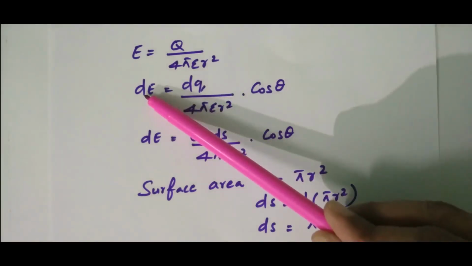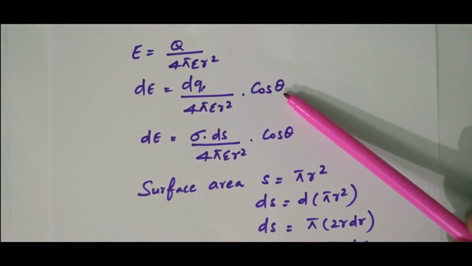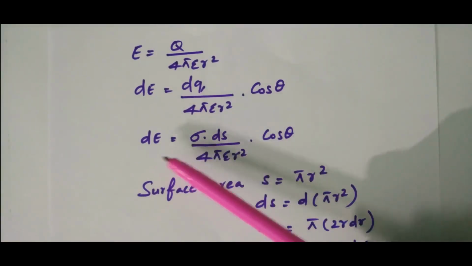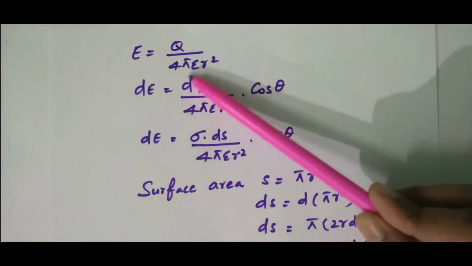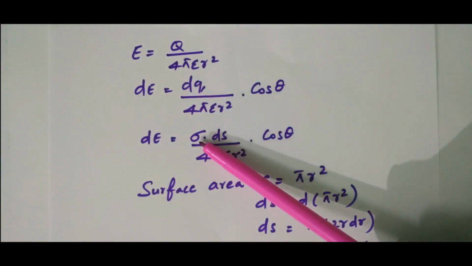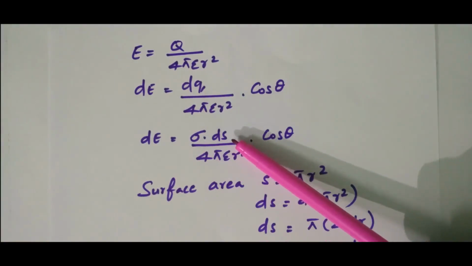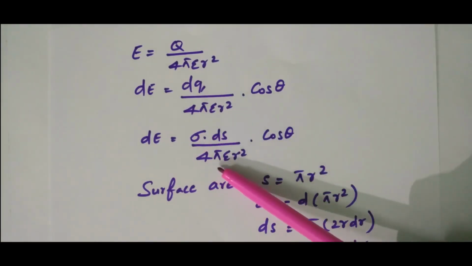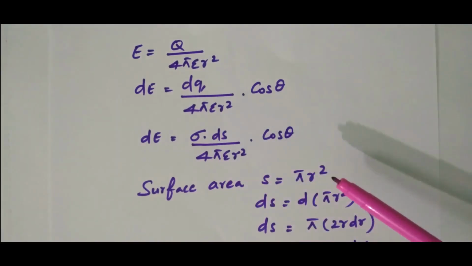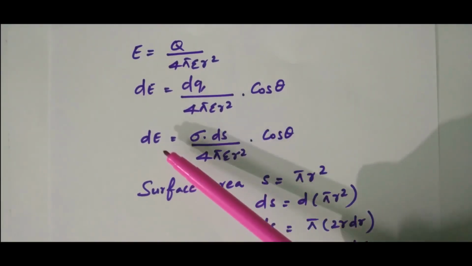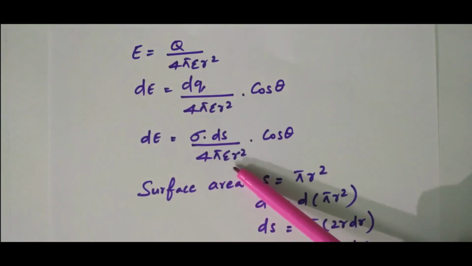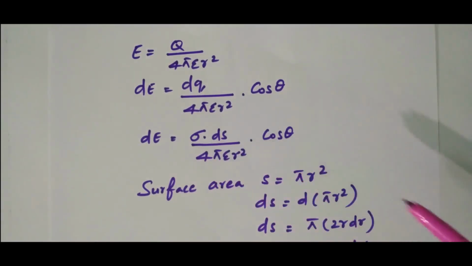So small electric field, small charge, and this will be the horizontal component. So dE equals this dQ, which can be replaced by surface charge density sigma into ds, already available in the diagram, sigma ds divided by 4 pi epsilon r square into cos theta. So finally we have dE equal to sigma ds divided by 4 pi epsilon r square into cos theta.